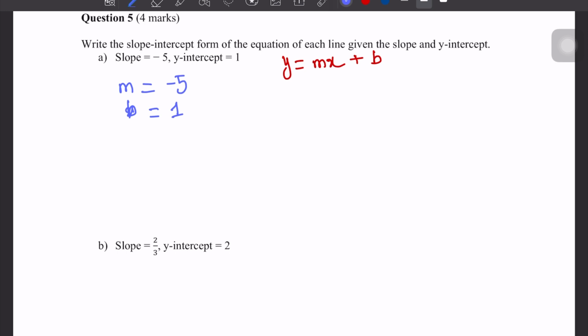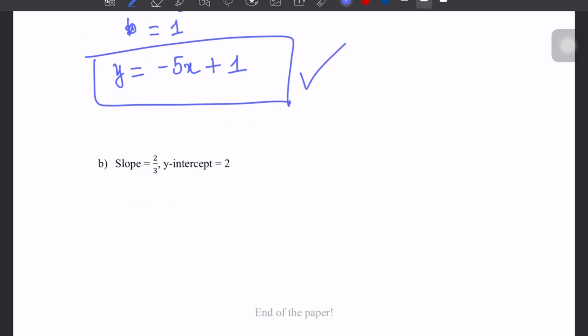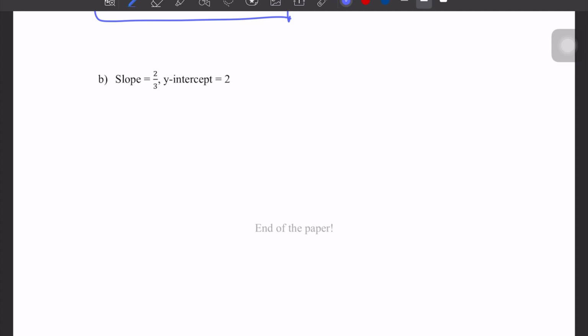Step 3, substitution: y equals m, which is negative 5x, plus b, which is 1. Here would be your answer. 1 for correct answer here, and 1 for correct substitution and method.